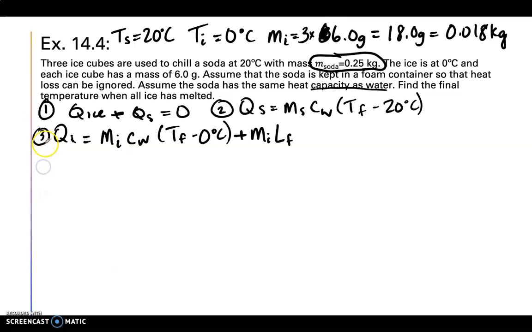Okay, whoops, sorry about that. So I'm going to go ahead and let me actually do at least one more step here. So let's add these two together.